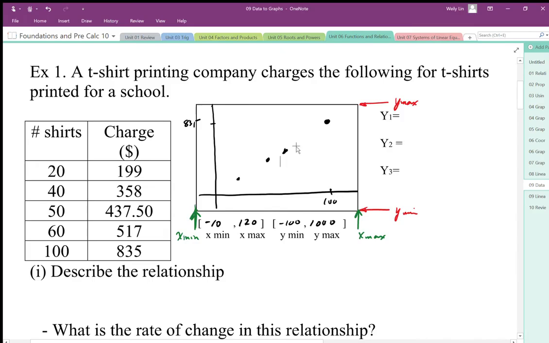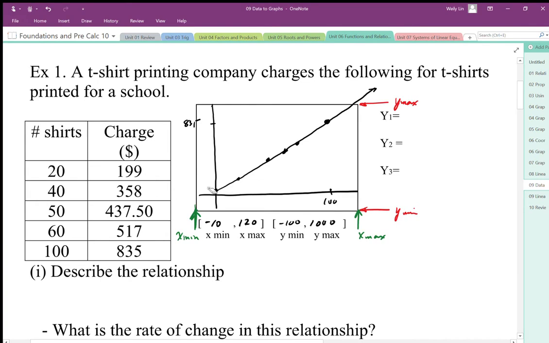I'm going to draw it in like that. I'm not going to be too accurate with this because I don't really need to be. So this relationship is going to be a straight line, and it's going to give me a graph that looks like this. Now, if I'm accurate with this, it doesn't quite go through the origin.